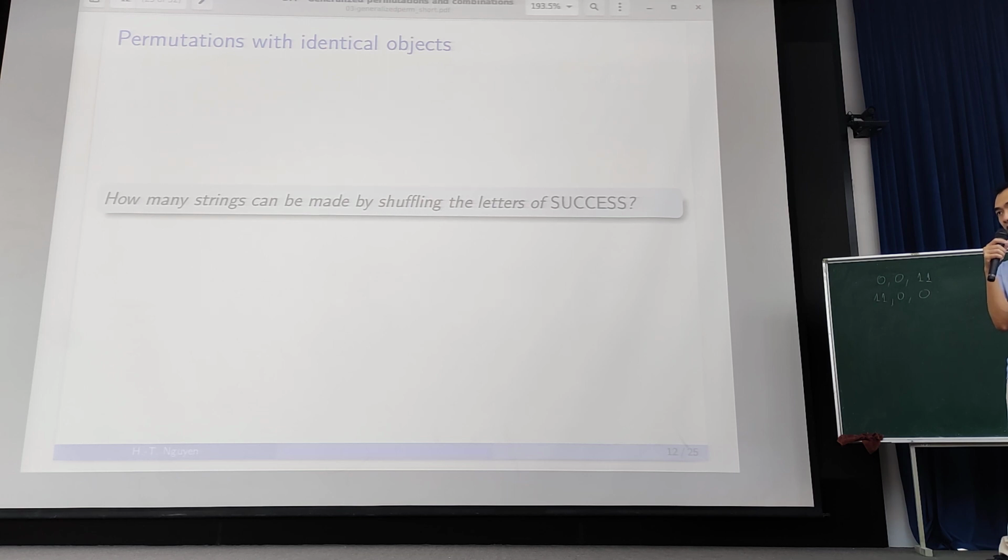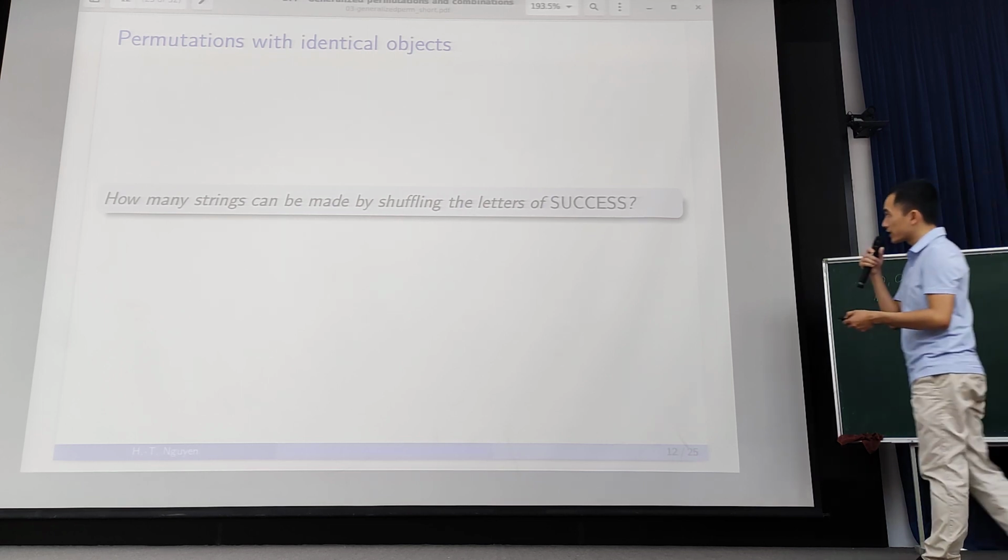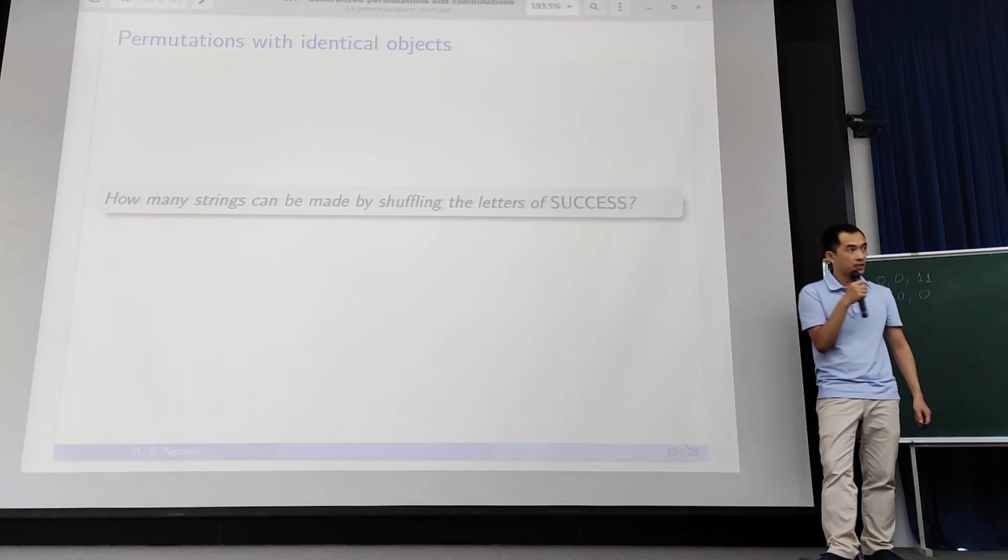Okay, so now we cannot apply the previous formulas because here each shuffled word must have exactly 3 S's, 1 U, 2 C's, and 1 E. Okay. So how many different strings can you obtain?